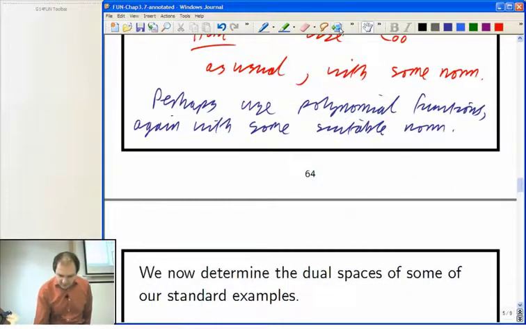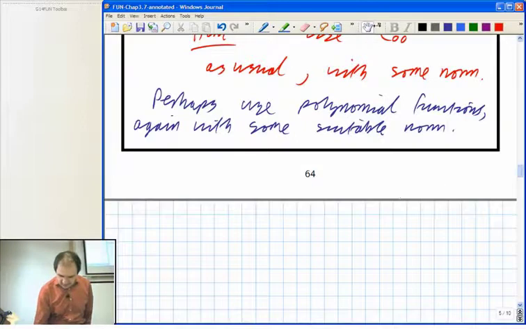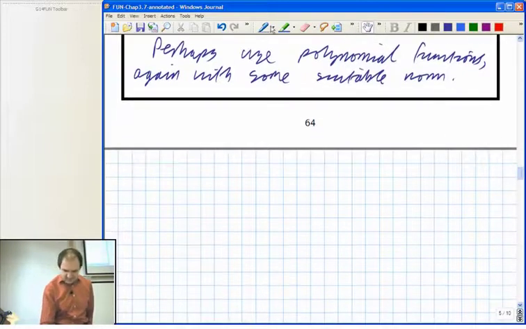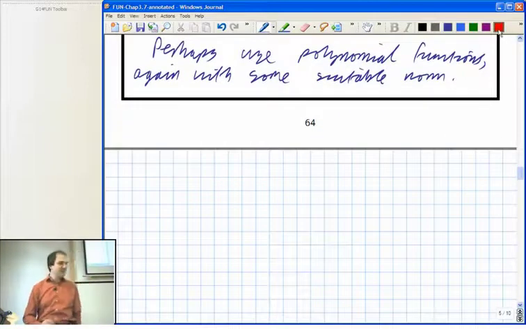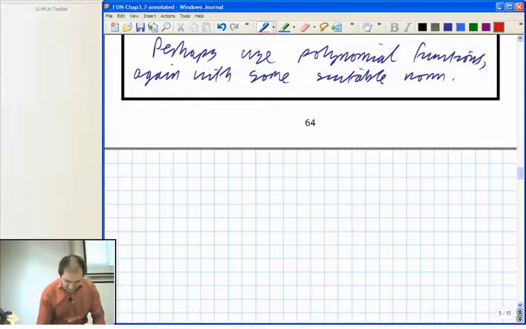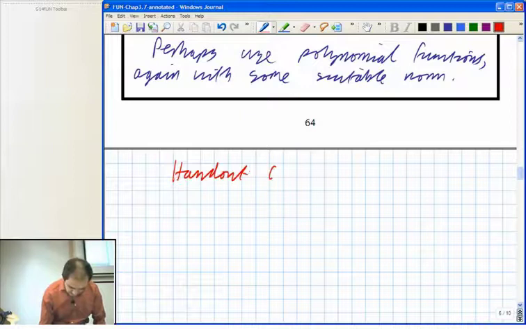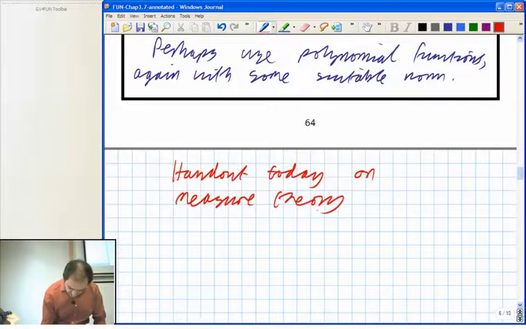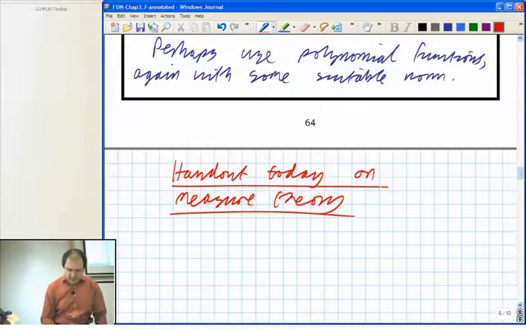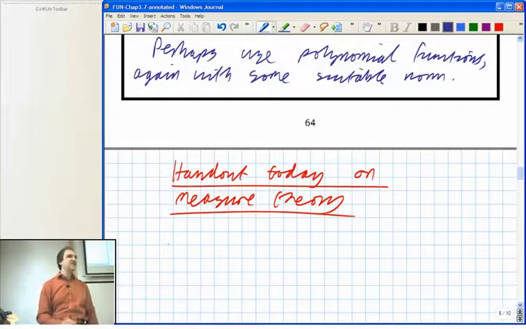Now, before we move on, let me just remind those listening that there was a handout today on measure theory. This is essential background material, and it's examinable.